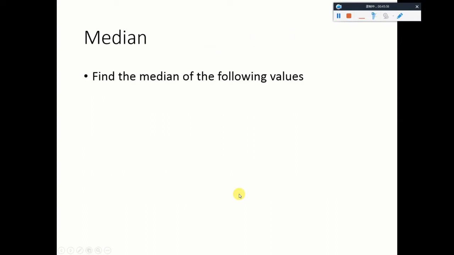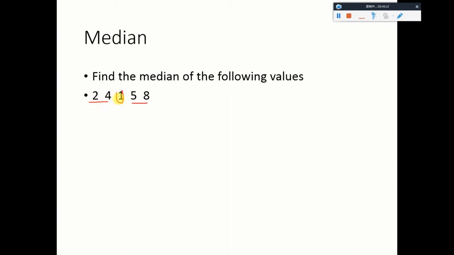Okay, find the median of the following values: 2, 4, 1, 5, 8. Because the median is 1, because it is the value that divides this sample into halves. So two values in each half, then 1 must be the median.